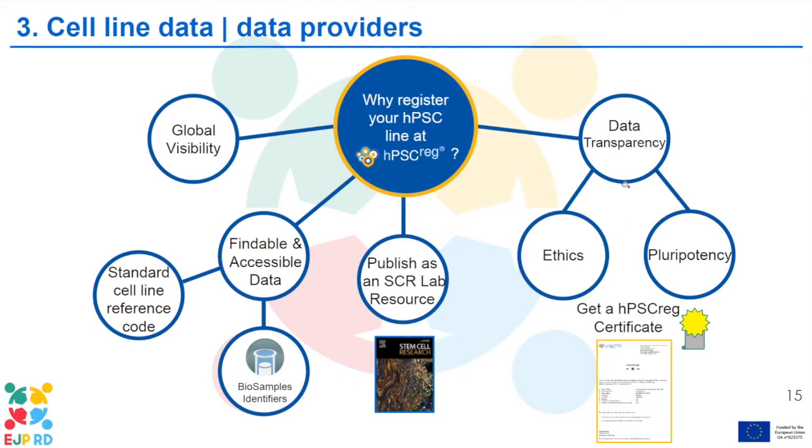And finally, registering your line promotes data transparency and ethics compliance and pluripotency evidence. So if you provide the required information for ethics and pluripotency, you may be eligible to receive a certificate from hPSCreg, which attests to the ethical provenance and biological properties of the line. And these certificates are recognized by the EU for EU-funded research projects.